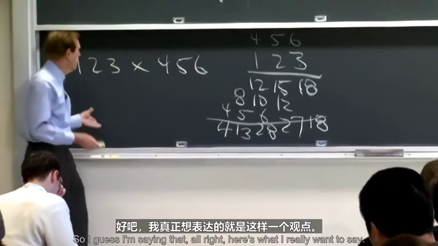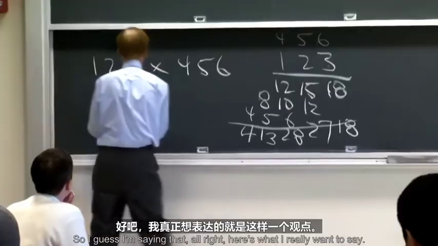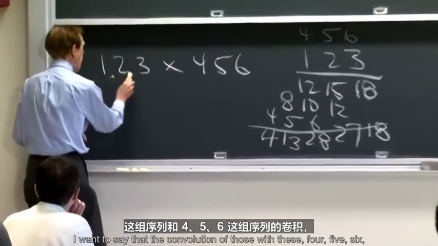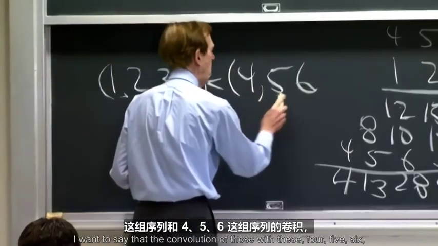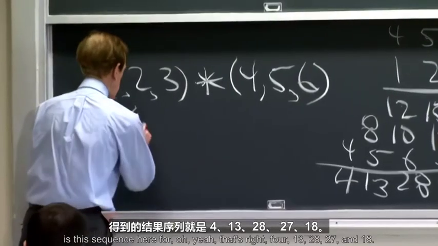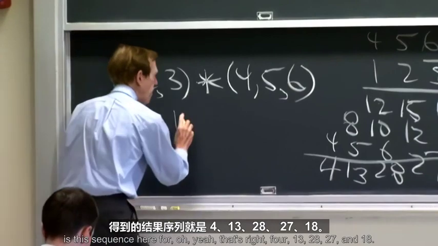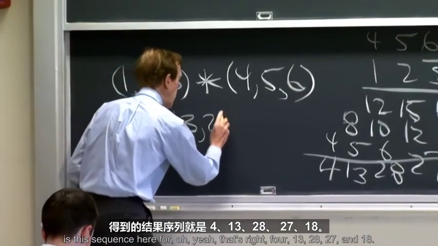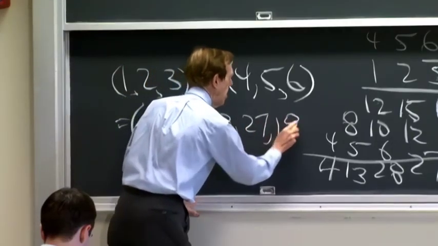Here's what I really want to say. The convolution of those with these 4, 5, 6 is this sequence here: 4, 13, 28, 27, and 18.